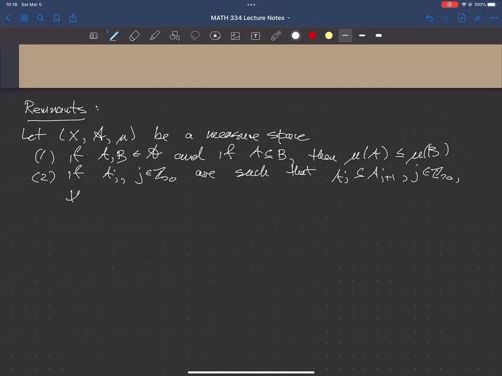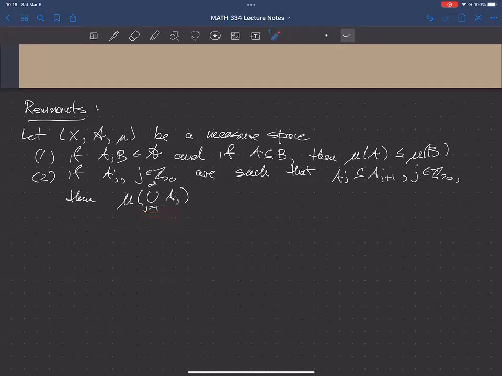And then the measure of the union. This union is like an increasing union, right?